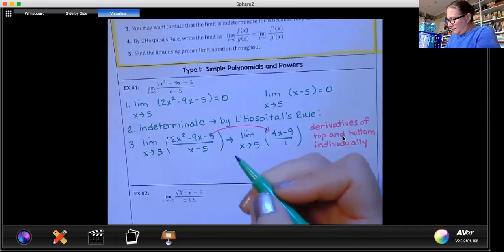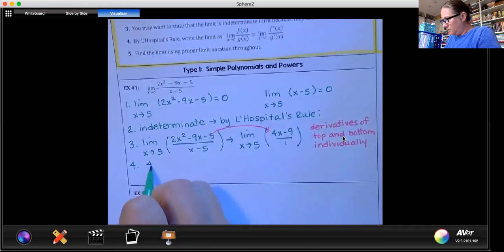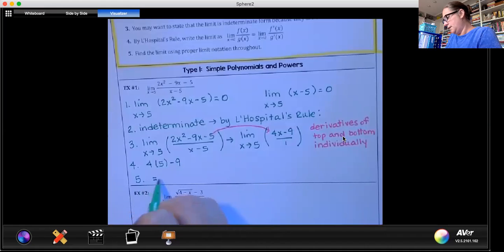So all you would have to do in step 4 is your substitution for your limit. So 4 times 5 minus 9. And in step 5, you declare your answer, which is 11.